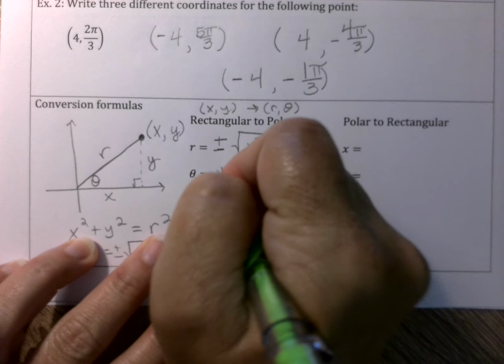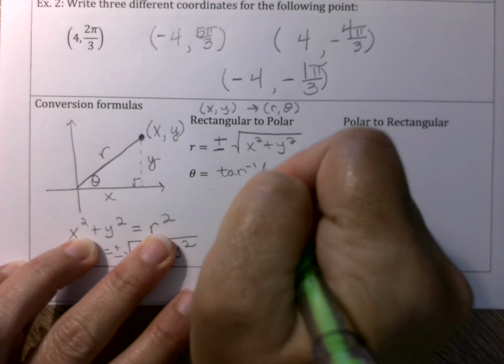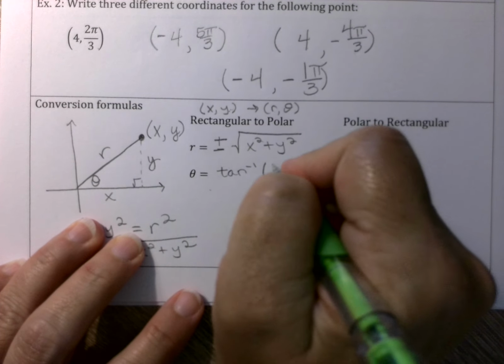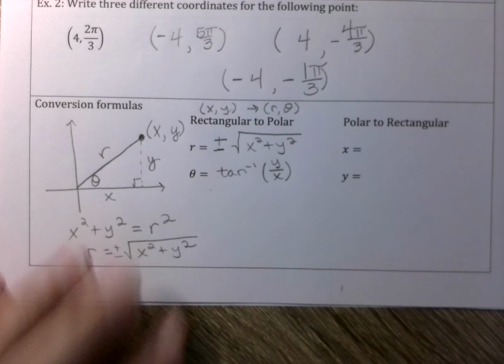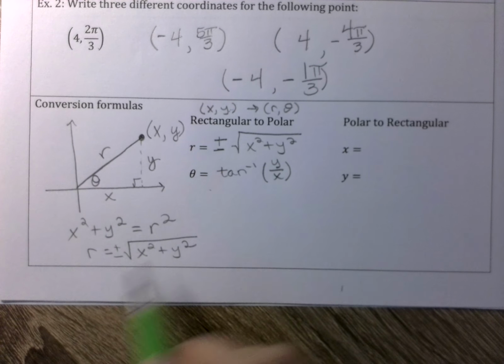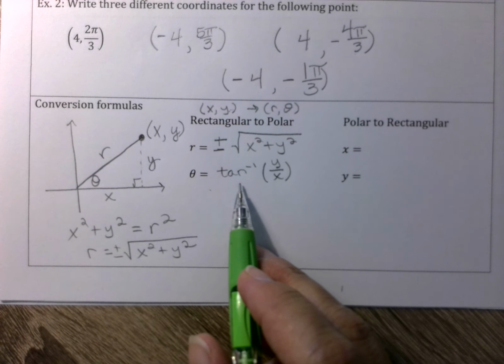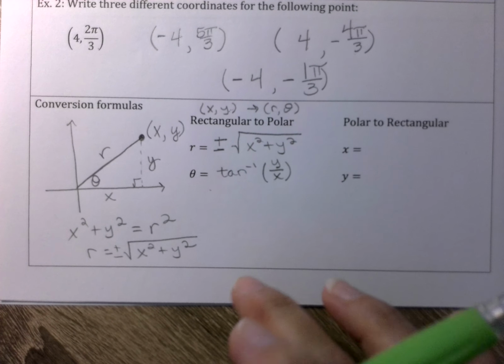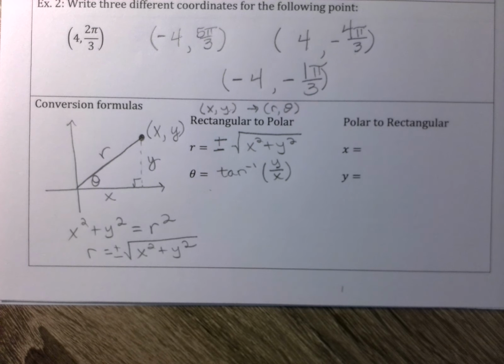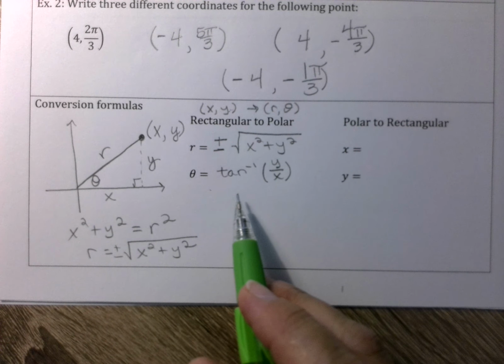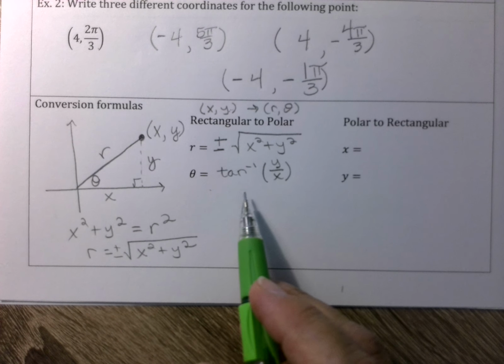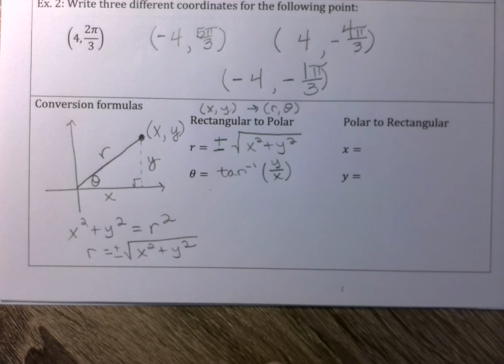So our theta is going to be based on the inverse tangent of y over x. Now remember, when we do inverse tangent, it's going to give me an angle between negative pi over 2 and pi over 2. That's the range of the outputs for inverse tangent. And so we may have to adjust that angle depending on which quadrant our point is that we're plotting.